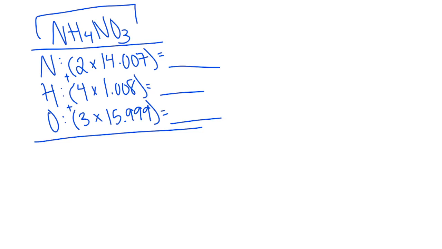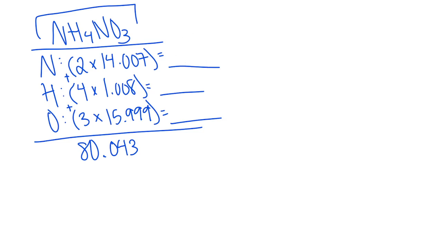Close your parentheses, plus open parentheses, 3 times 15.999, and then close your parentheses. If you do it that way, you should have gotten what answer? I got 80.043. Do we agree?